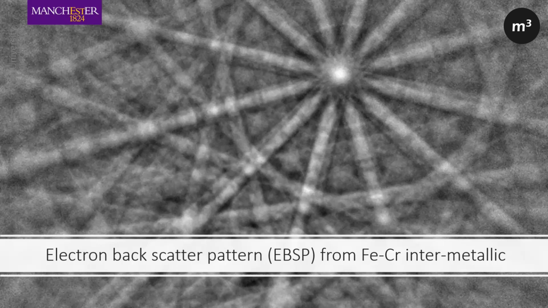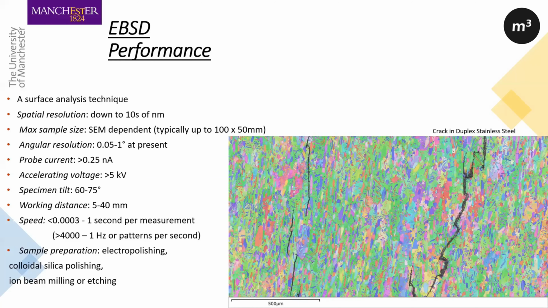In that respect, EBSD is quite a simple technique, as opposed to, for example, diffraction in TEM, where the spot patterns are in reciprocal space and sometimes not so easy to understand. But this is in physical space, so it should be easier to comprehend.